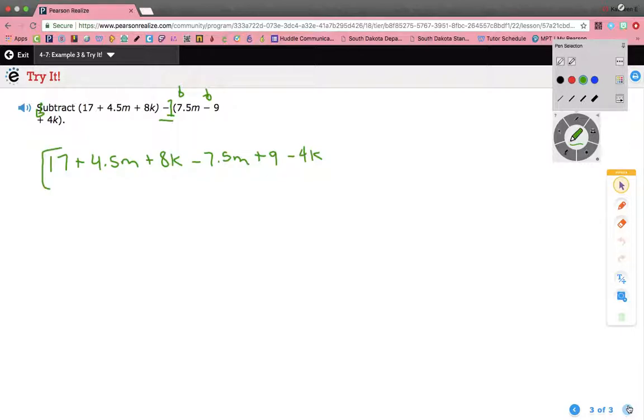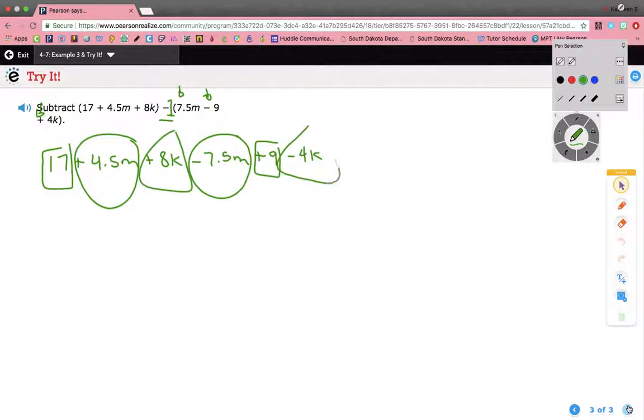Then we have 17 plus 9, m, k. 17 plus 9 is going to be 26. 4.5 m minus 7.5 m is going to be negative because 7.5 has the greatest absolute value. 7.5 minus 4.5, well, 7 minus 4 is 3, so we're going to have 3.